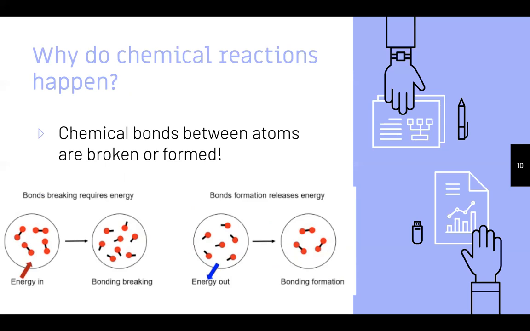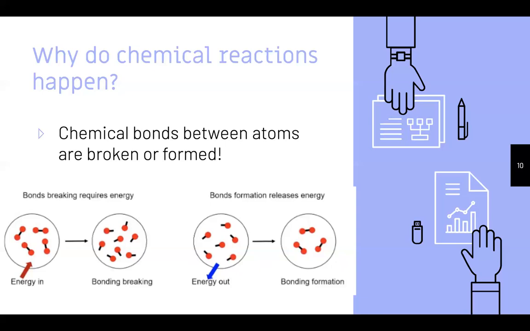In that left-hand picture, we can see energy in, and we can see that they're together. These bonds are together already, and to break them requires this energy to split them apart. In the right-hand picture, the bonds broke, and now they're all separated.